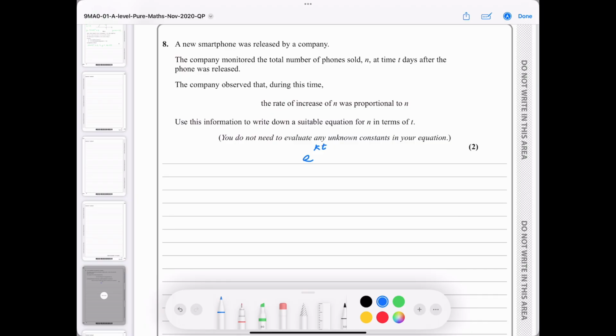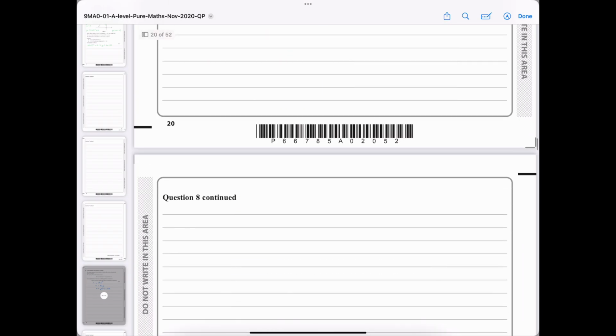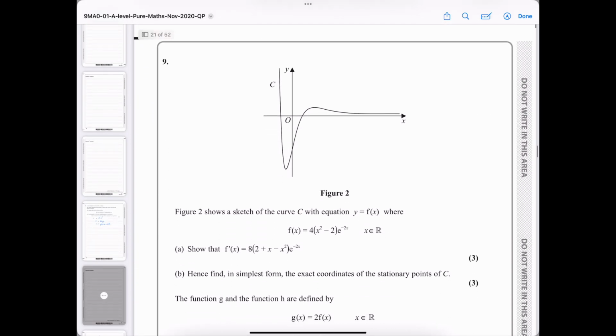And then there probably is another unknown, which we'll put in as A. And that's what N does, so T being the days, and N being the phones sold. And usually if you're building a model, you build it this way using e, then we'll find out using how many are sold what A is, and then we'd see whether the model was any good. Again, that's a lot, isn't it?